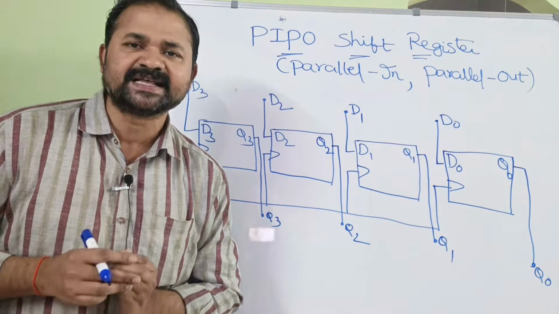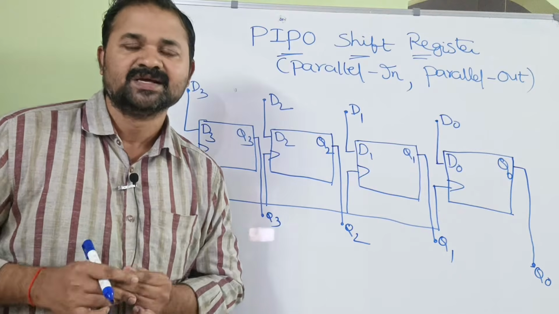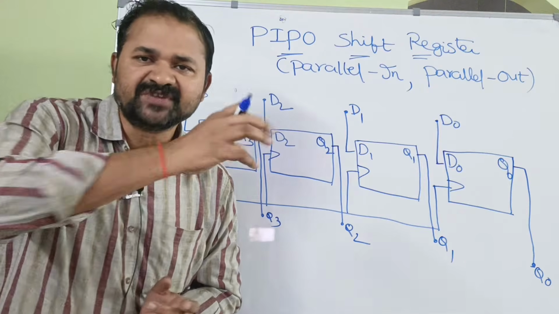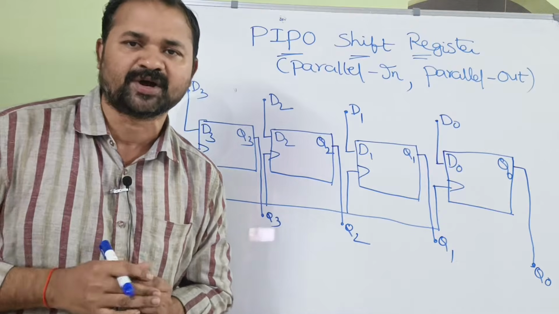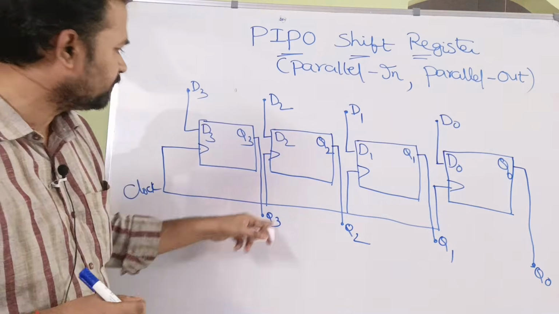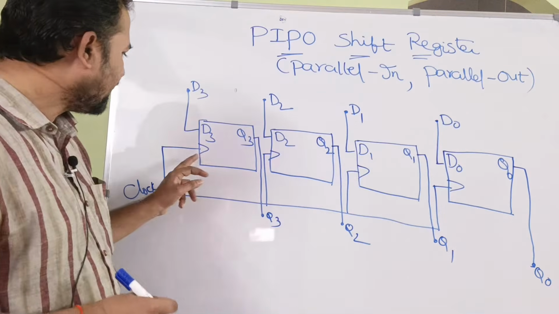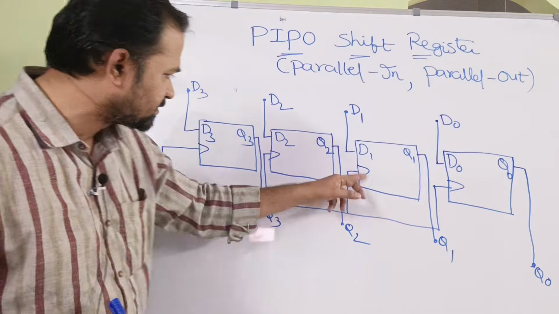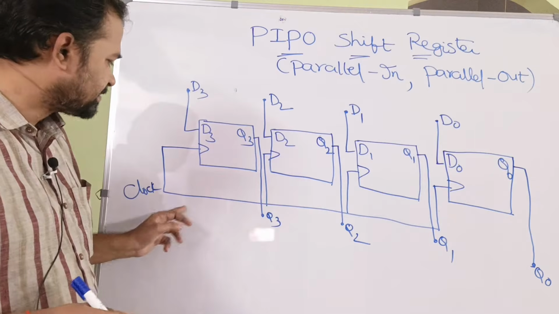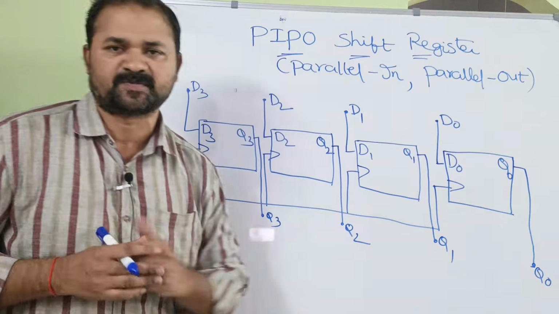We know that the shift register produces the output in parallel, so simultaneously it will produce the output of the corresponding 4 bits. And here we have a clock pulse. This clock pulse must be applied on all the flip-flops.